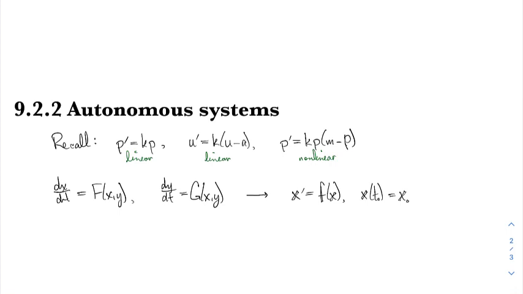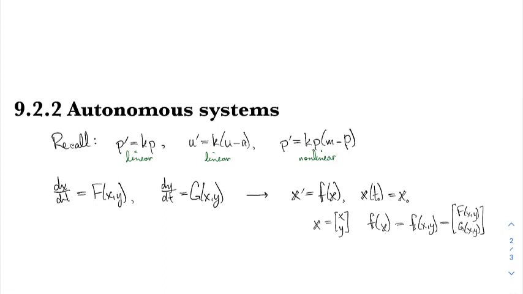And so in this situation here, we're looking at the vector x as having coordinates x and y, and this vector valued function f of x here, or if you prefer, f of x comma y, is going to be the thing that has first coordinate capital F(x,y) and second coordinate capital G(x,y). Okay, so that's just to fix notation.